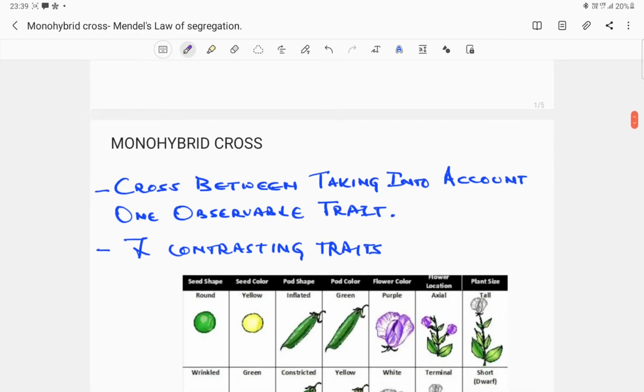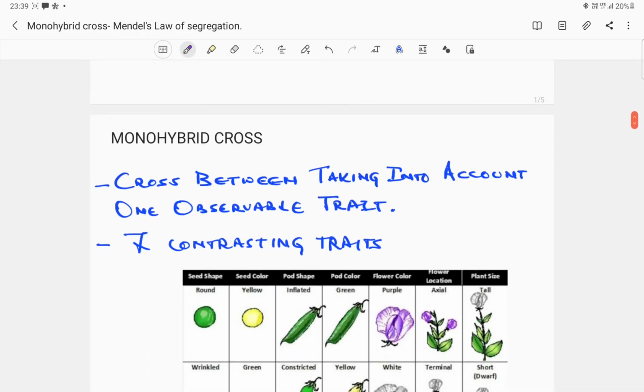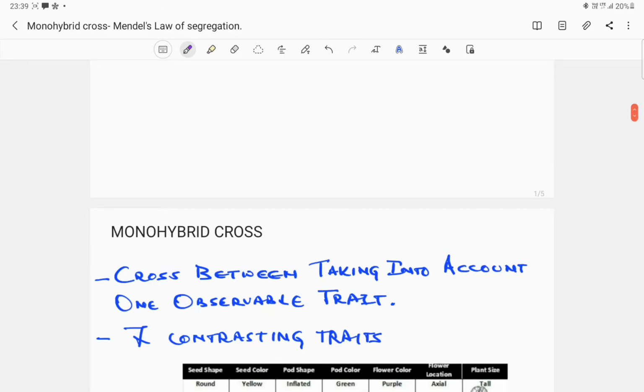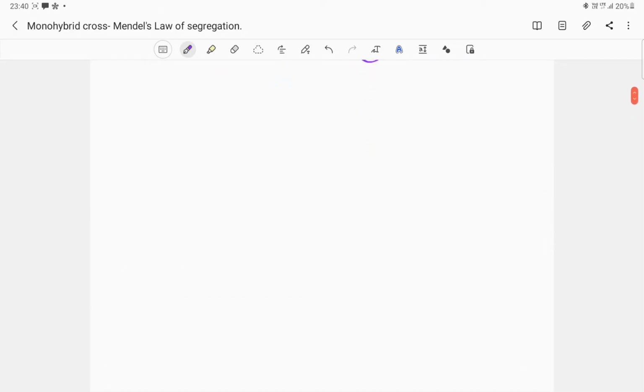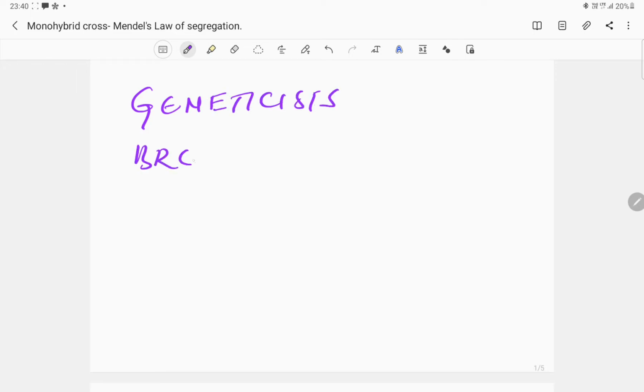Now let's move to the next part. He conducted a couple of these hybridization experiments, and hybridization experiments can be of different types. Who conducts these experiments? They are conducted by geneticists and also by breeders. Hybridization is carried out by geneticists or by plant breeders or animal breeders.